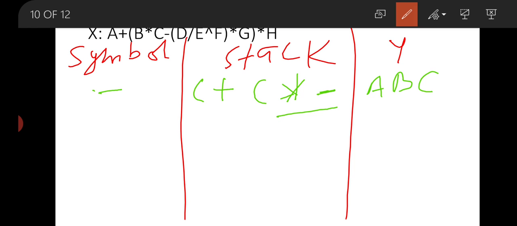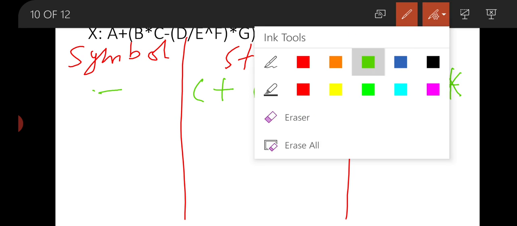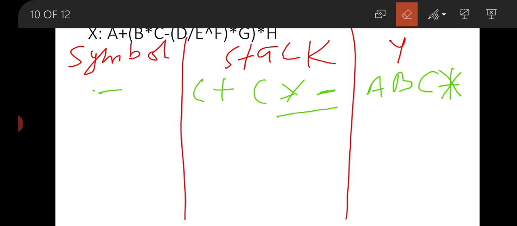Which operator will be popped? The higher precedence or same precedence. Then we have to pop the multiplication from the stack, add it to Y, and delete this multiplication operator from the stack.